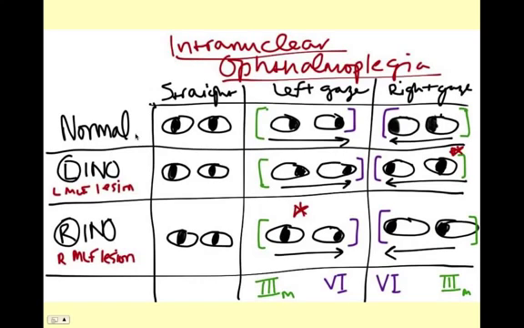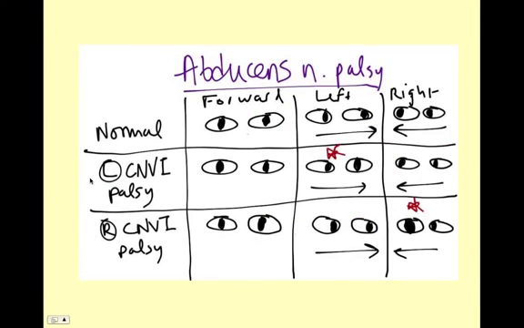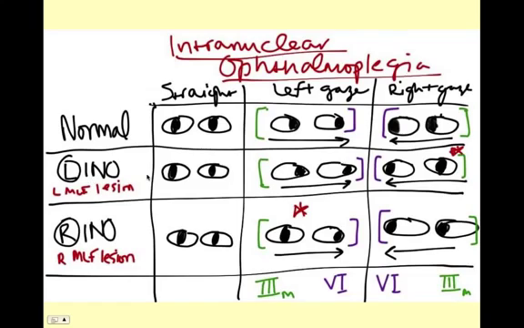So here's an example. What we just showed was left INO, which comes from a left MLF lesion. And so you have no problem with left gaze, but on right gaze, your left eye is not going to adduct because your left MLF helps the eye that's not abducting with your abducens nerve. It helps your other eye, the one you're not looking toward, adduct.